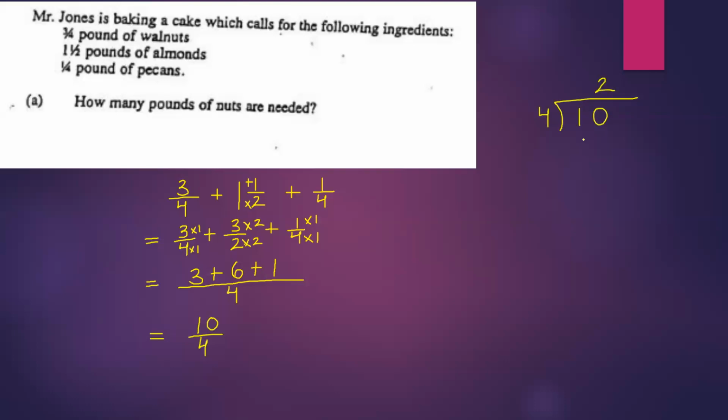Twice. 4 times 2 is 8. 10 minus 8 is going to be 2. Because this is going to be equal to 2 and 2 over 4.